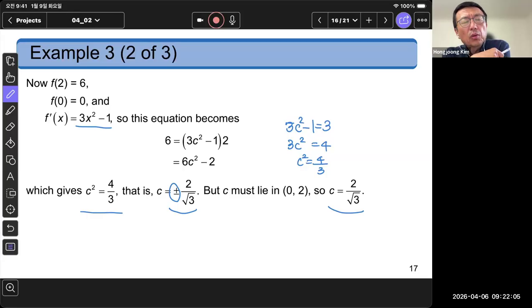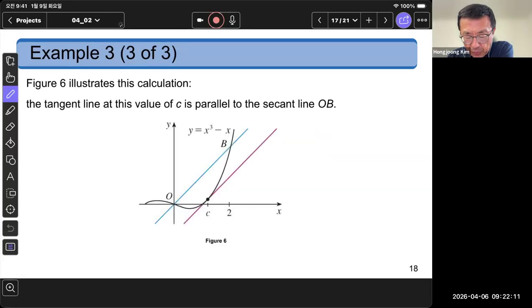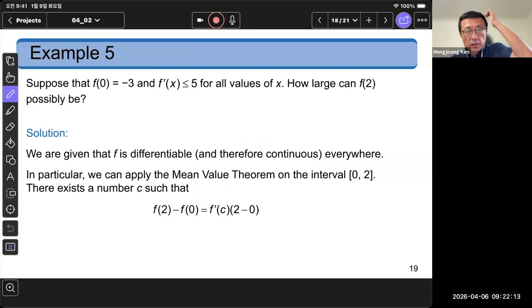Now there is one more example, one more application of the mean value theorem, which is the following. Suppose that f of 0 is -3, and suppose that I have some information that f prime, the derivative of this function, cannot be greater than 5 at all values of x.